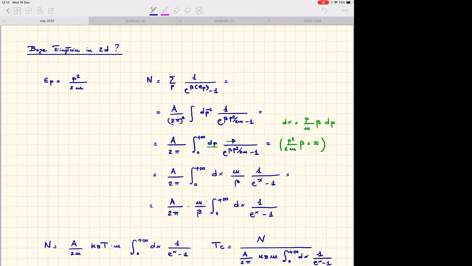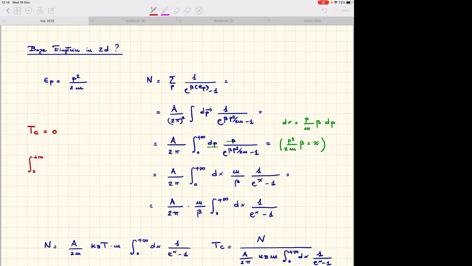Okay? So Tc, in this case, you see that Tc is always equal to 0. Why? Because the integral is divergent.